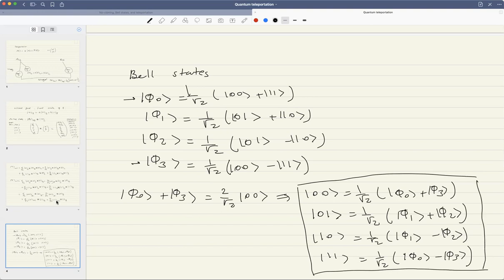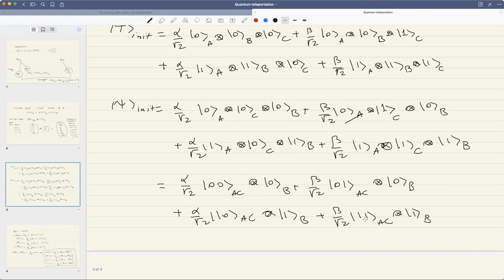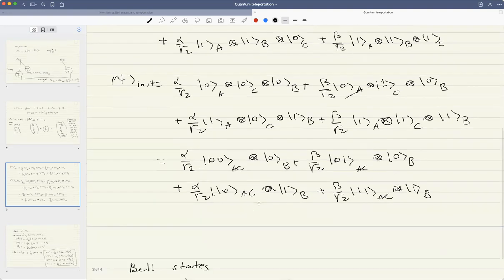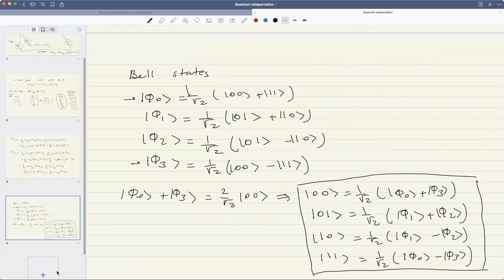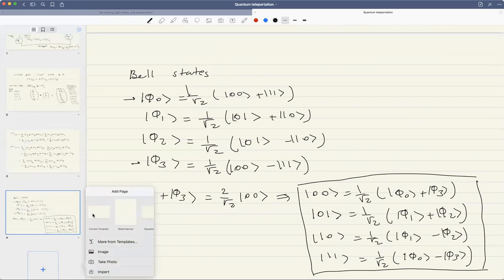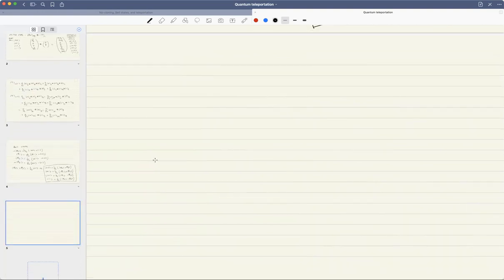And we have this expression for our initial state before performing any measurements. So if we're performing measurements in Bell basis for qubits A and C, as Alice is doing, we should write the states in terms of the Bell states. So let's do that. I can go here and write my psi initial.